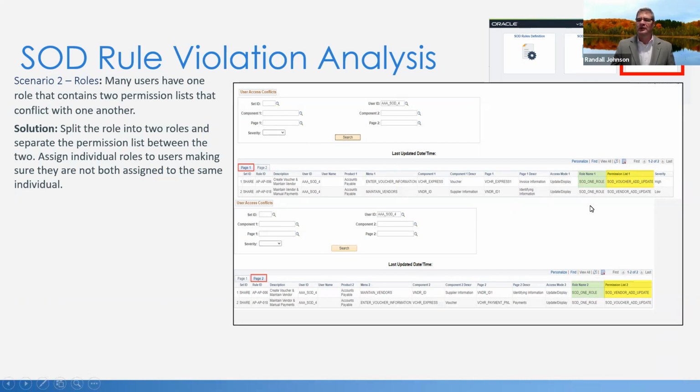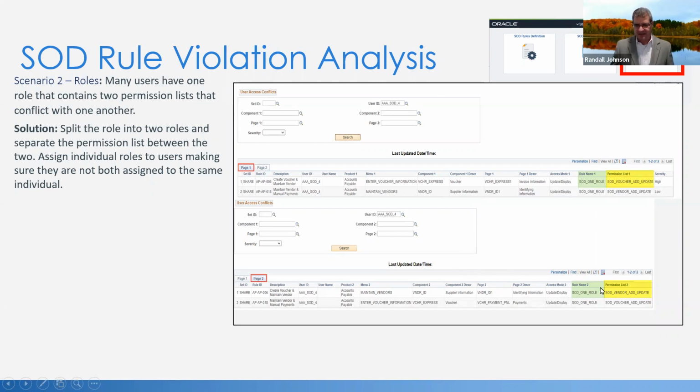We compare the roles, and we decide what permission lists in those roles are creating the two pages that shouldn't coexist. And we either refine those permission lists, or we may be required to create two separate roles instead of one that contains both of these actions, okay?